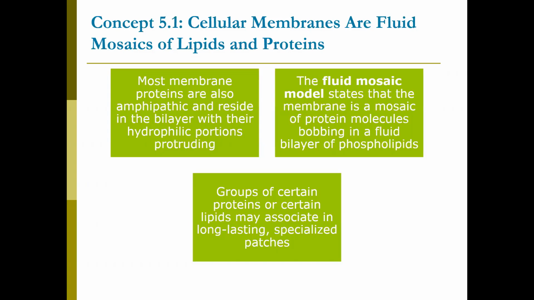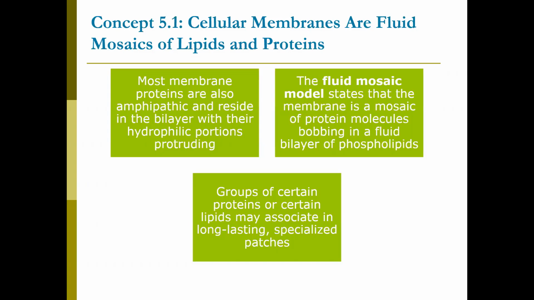Those membrane proteins add to the fluid mosaic description for this plasma membrane. It states that the membrane is a mosaic of protein molecules bobbing in a fluid bilayer of phospholipids. Groups of certain proteins or certain lipids may associate in long-lasting specialized patches.